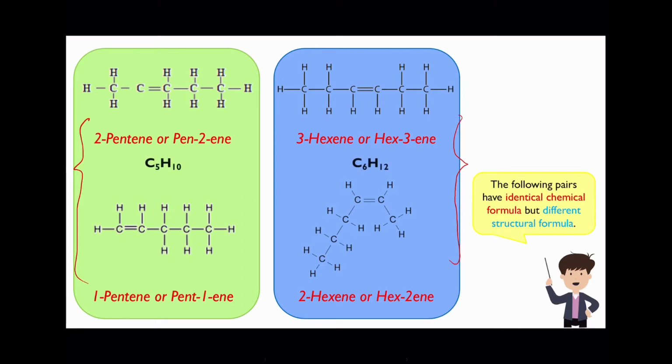If I was to count the individual atoms, both would be the same. However, by their structure, they look very different. In today's lesson we're mainly looking at compounds that have the exact same chemical formula but different structural formulas. And what does this mean in terms of how they behave and their chemical properties?